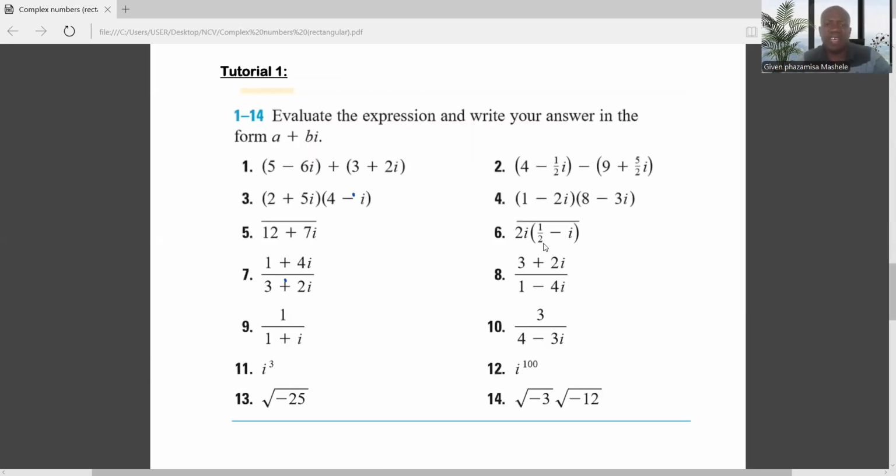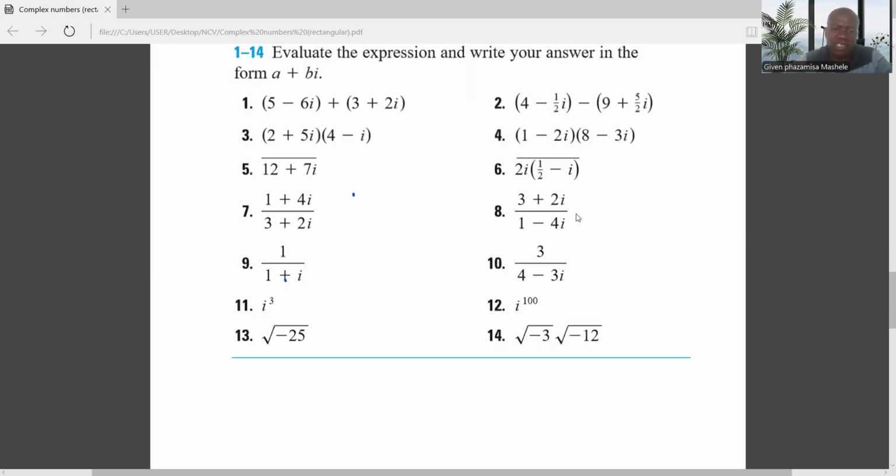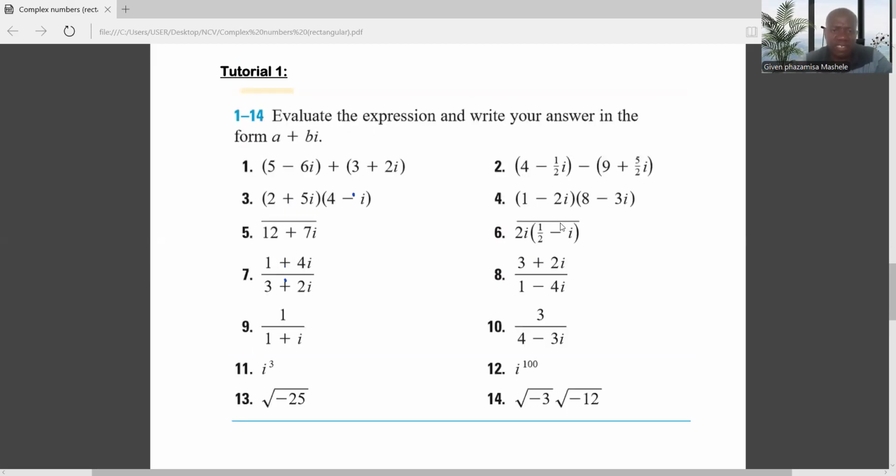Then the question says, evaluate the expression and write your answer in the form of a plus bi. Just a minute, guys. I just want to copy this question first so that we can solve them somewhere.